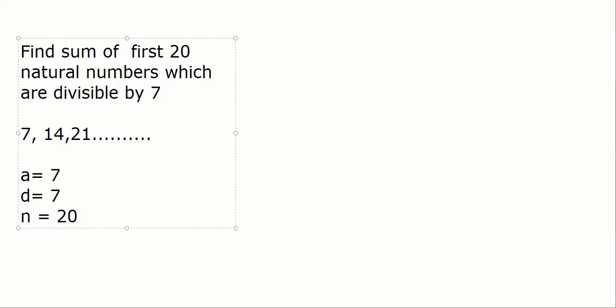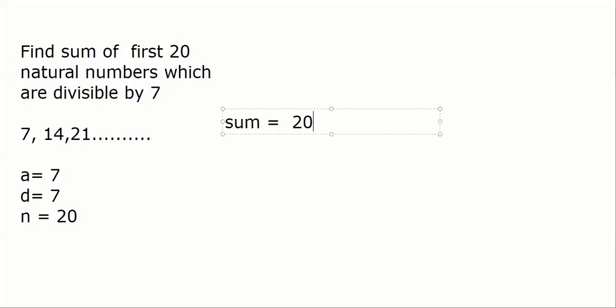So we know a, we know d, we know n. We have to just put in the sum formula, sum equal to n by 2, into 2a plus n minus 1, 19 times d. That's it.